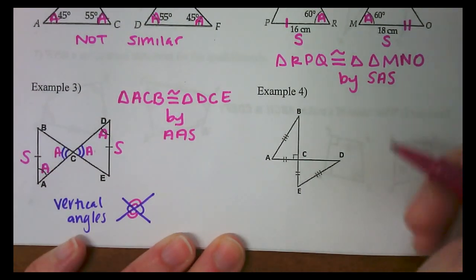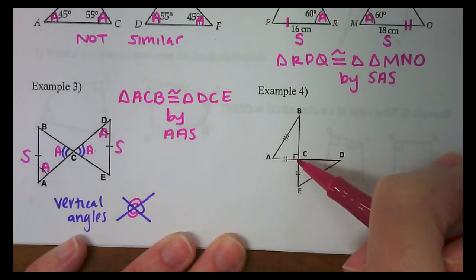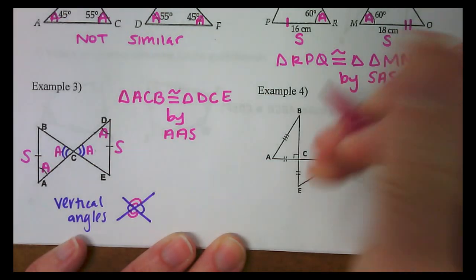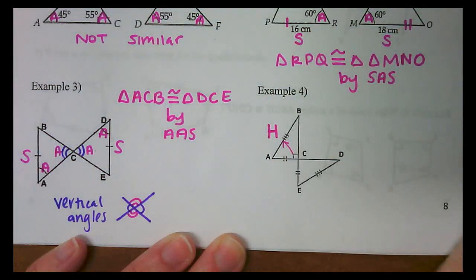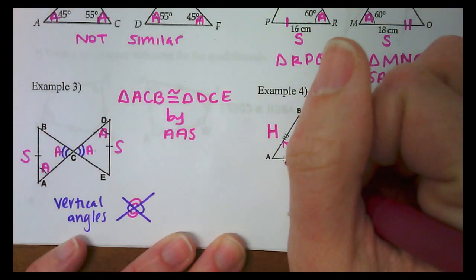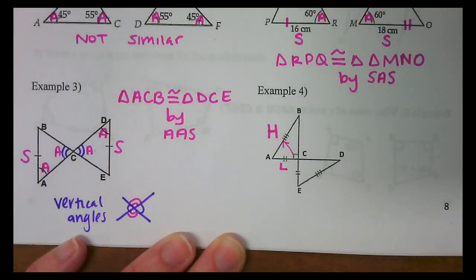All right, example 4. This box right here means right angle. That means I'm dealing with a right triangle. This side that's opposite a right angle is the hypotenuse. These sides that make the right angle are legs.